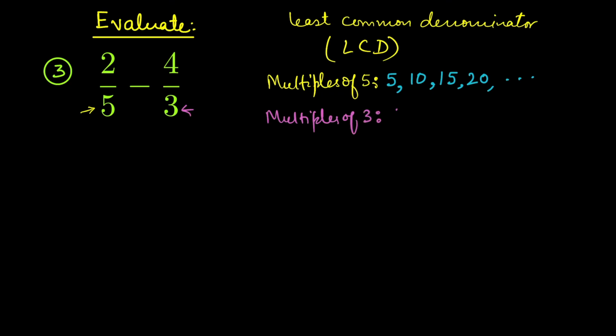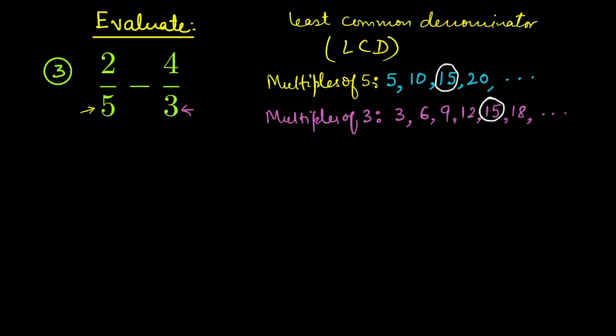Multiples of 3 are 3 times 1, 3, 3 times 2, 6, 3 times 3, 9, 3 times 4, 12, 3 times 5, 15, 3 times 6, 18, likewise. Now we look for the least common one. There is 5, but no 5 in this; 10, no 10 in this; 15, so 15 is there. So 15 is the least common denominator which we get here.